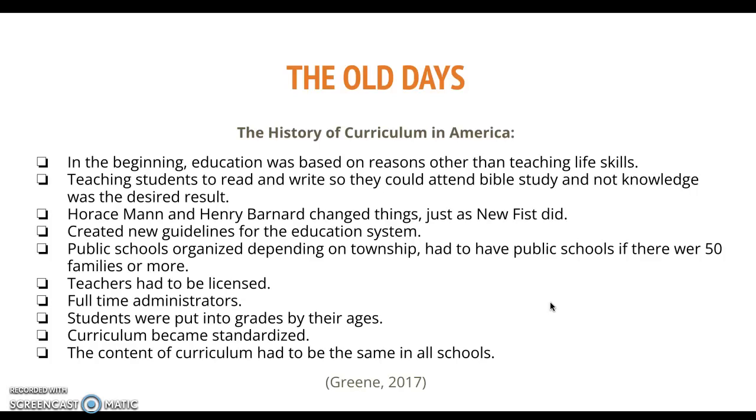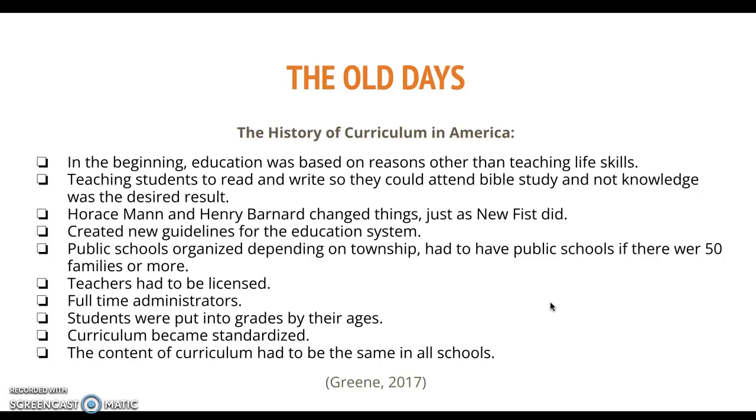Eventually, a couple guys came around, Horace Mann and Henry Barnard, and they had a new system that they wanted to put into place. This is kind of like what Newfist decided to do in the other book. These guys created new guidelines for the education systems. They were organized differently.